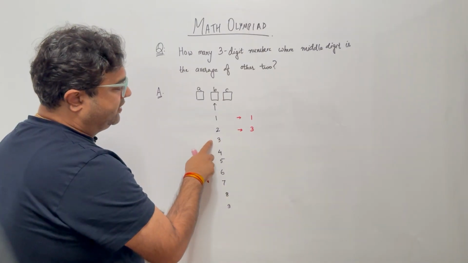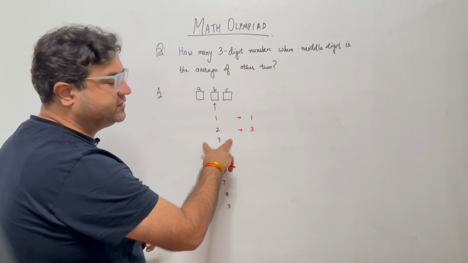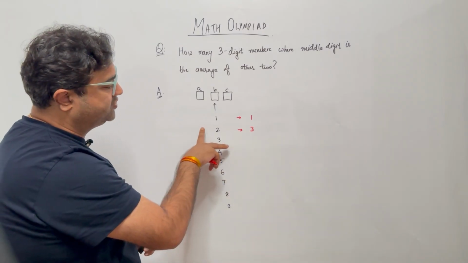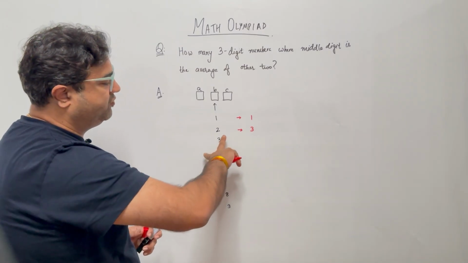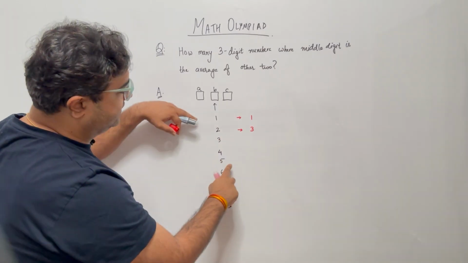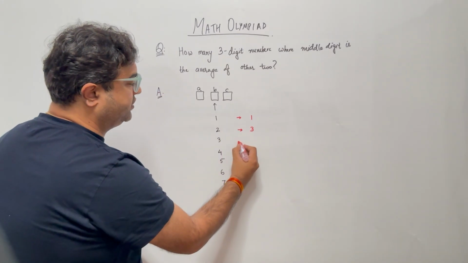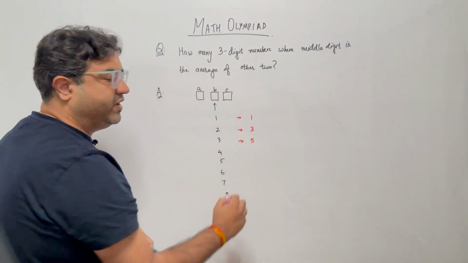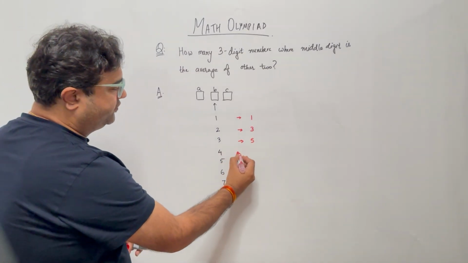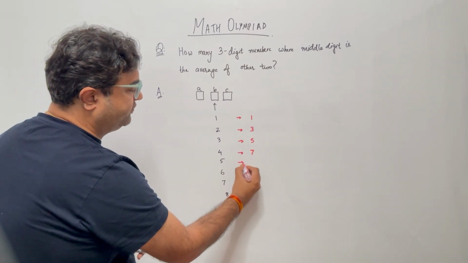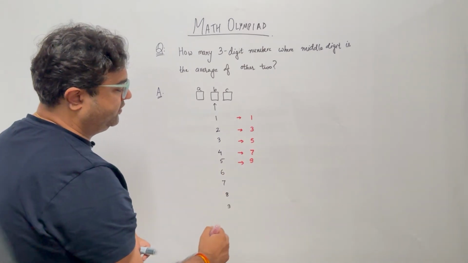For 3, again, there is one possibility of equal values, one with 4 and 2, one with 2 and 4, then 1 and 5, and 5 and 1. So there are 5 values.